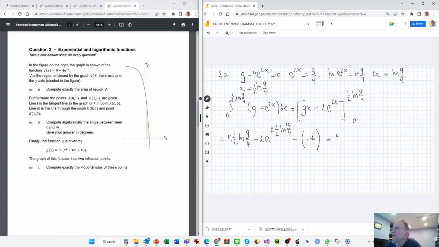So 4.5 log 9/4. And here what we have is just e to the power log 9/4, which is 9/4. So you get minus 2 times 9/4 plus 2.